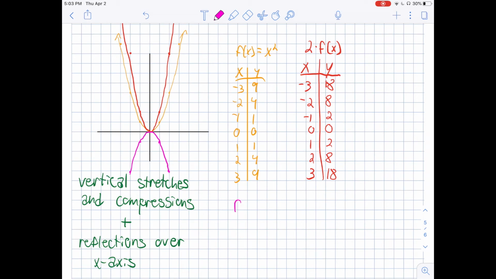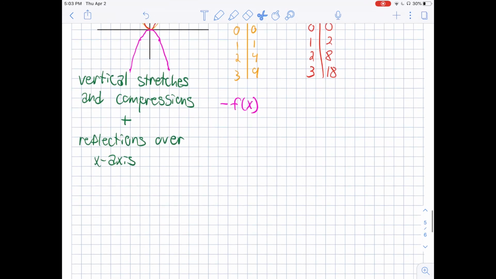And our f of x values are our outputs that we get from running x through our function. So if we just make our y values negative, that is what's going to give us this new graph that's reflected over the x-axis.